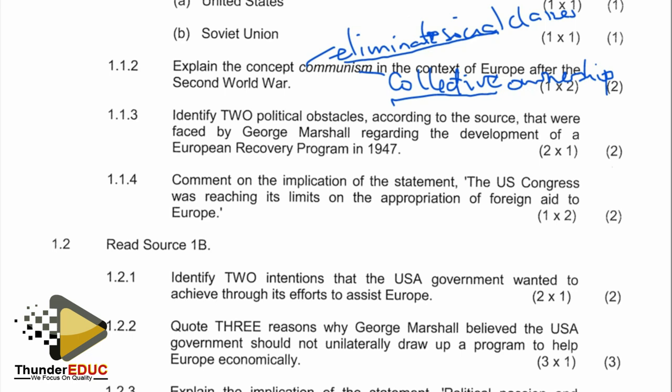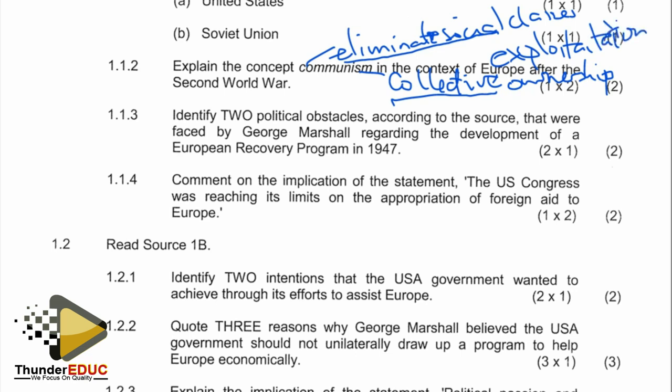You explain it as an economic ideology whereby the target is to do away with social classes, and also to enhance collective ownership, and also to do away with exploitation of classes. It also targets to solve the problem of exploitation.